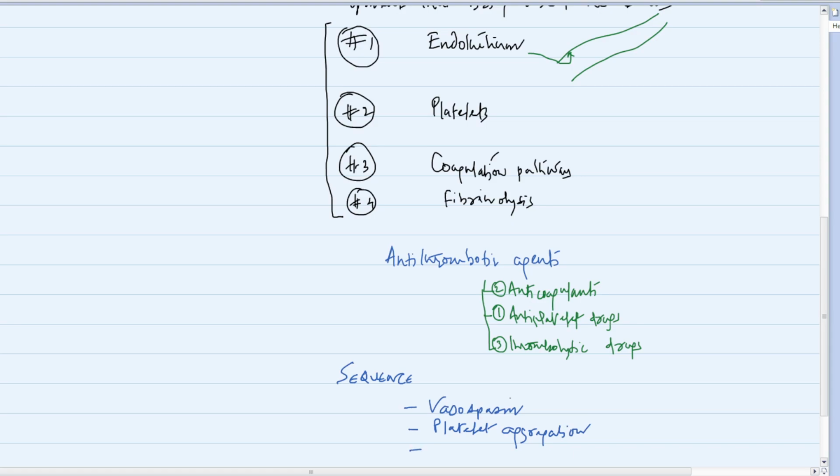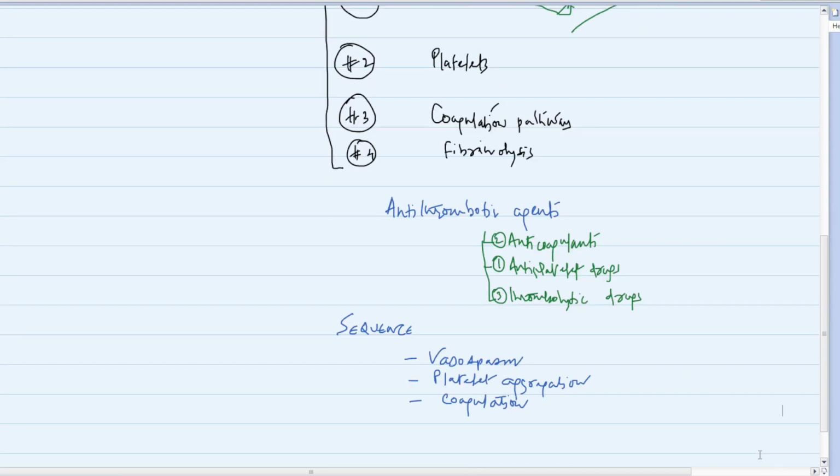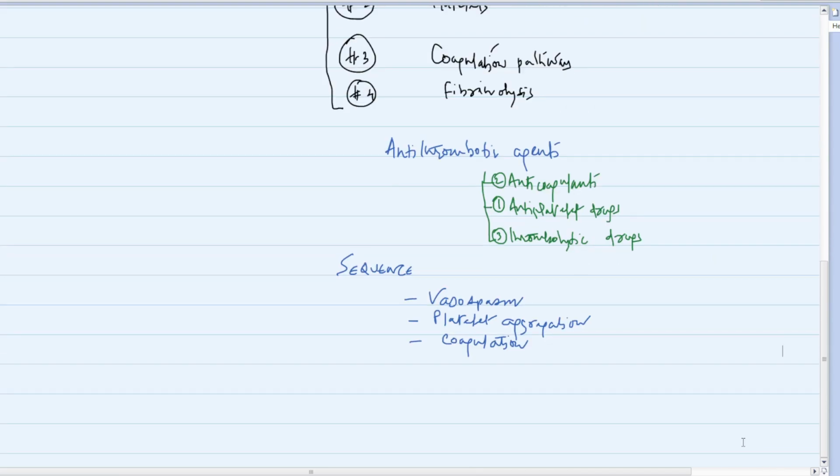This is followed by activation of the coagulation pathway that results in coagulation. And this, in turn, is followed by thrombolysis.